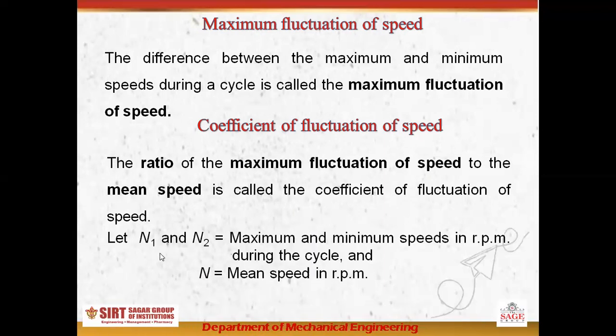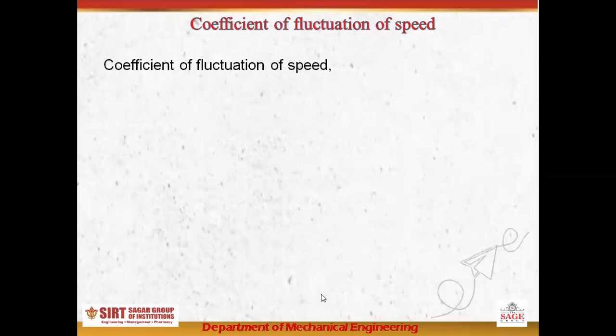For example, let us consider N1 and N2 as the maximum and minimum speeds in RPM during a cycle, and N as the mean speed in a cycle. Then the mean speed is equal to N1 plus N2 by 2. And the coefficient of fluctuation of speed is equal to N1 minus N2 upon N, and this is represented by CS.